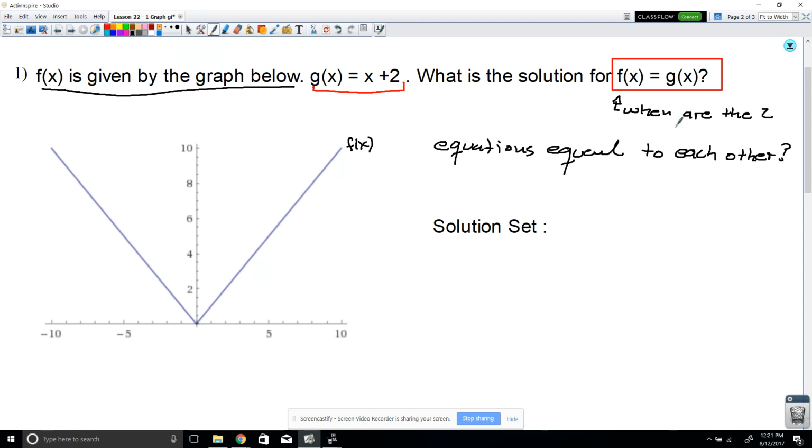When are the two equations equal to each other? Well, let's find out. So, what do we do here?